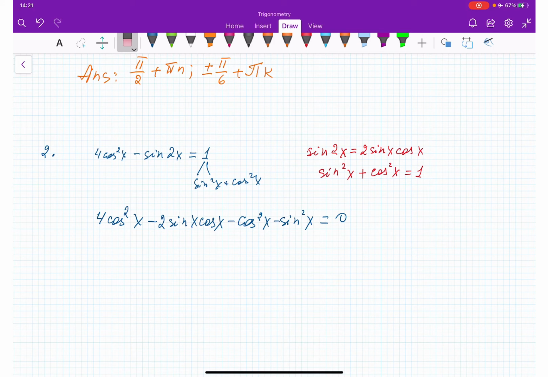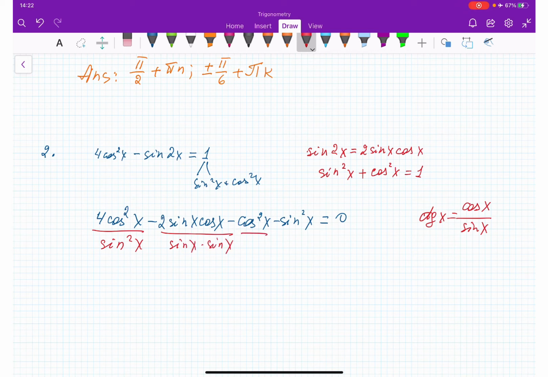So we are dividing everything then by sine squared, because, just a quick reminder, cotangent x is cosine x by sine x. So if we divide, since we have squares, I'm going to divide by sine square, and hence we will get cotangent square. Cosine square x by sine square x, sine square x by sine square x.